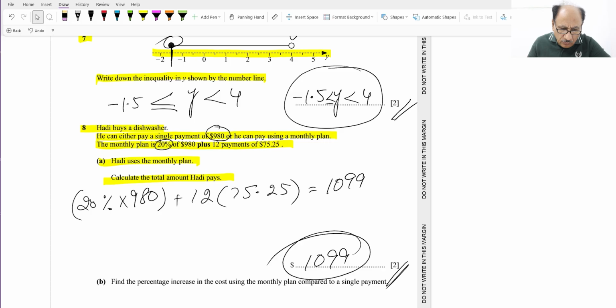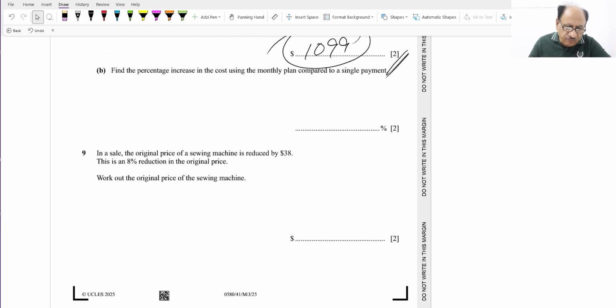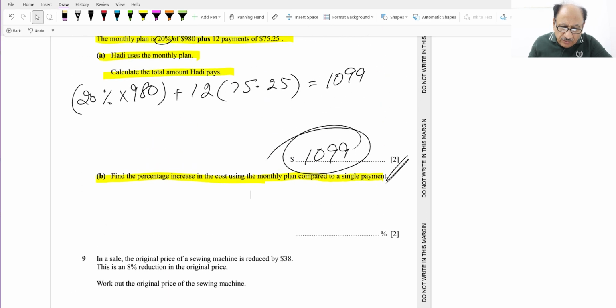Now we can move to the B part, and B part says find the percentage increase in the cost using the monthly plan compared to the single payment. So we can check. The single payment was 980.